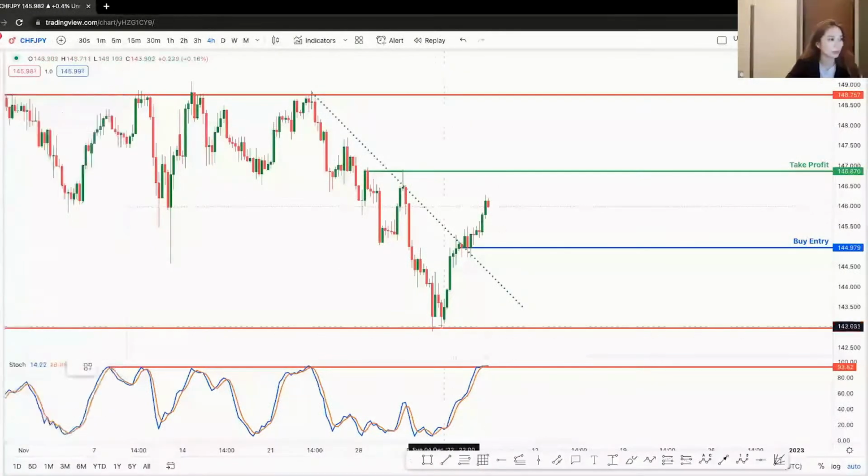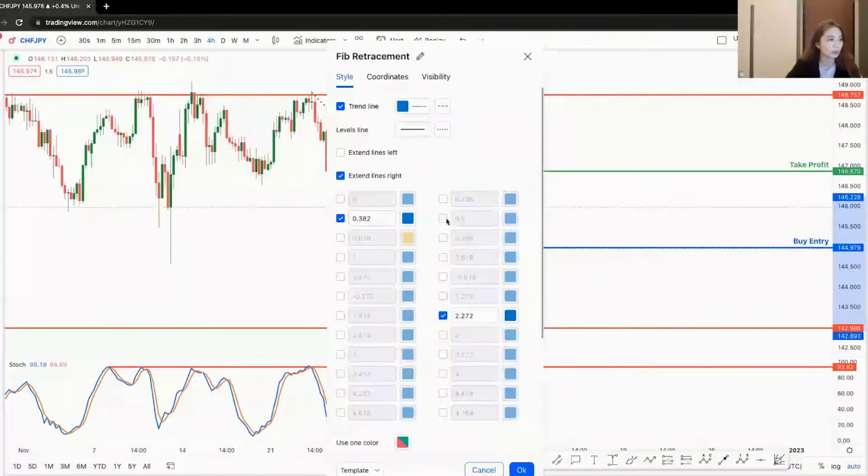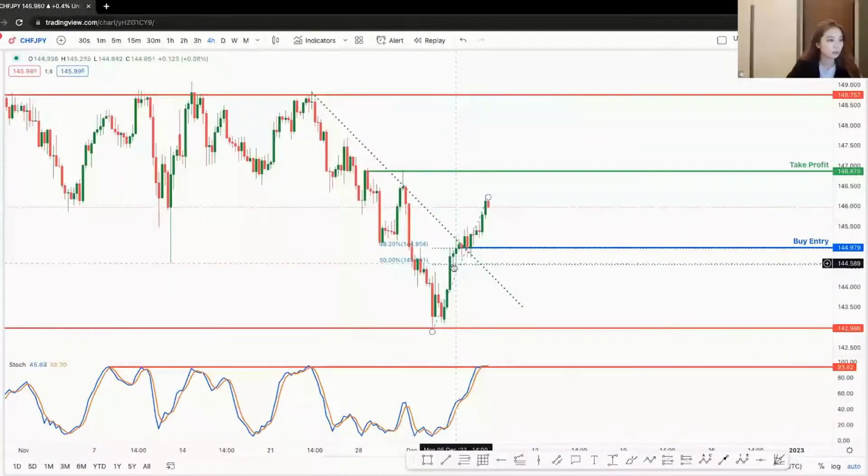So we're looking at a 38.2% drop back, looking at a 50% stop loss.